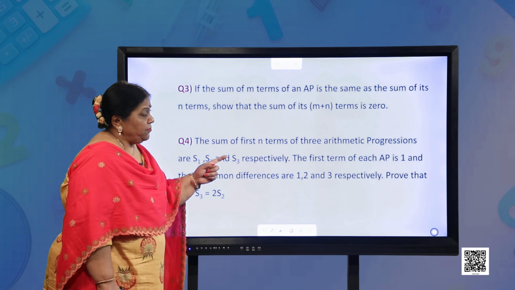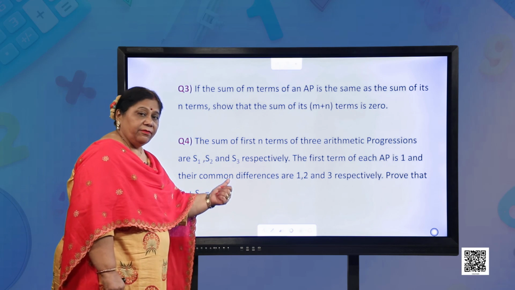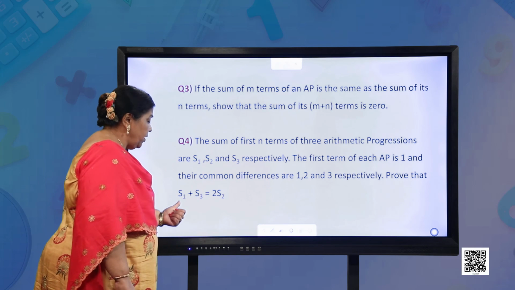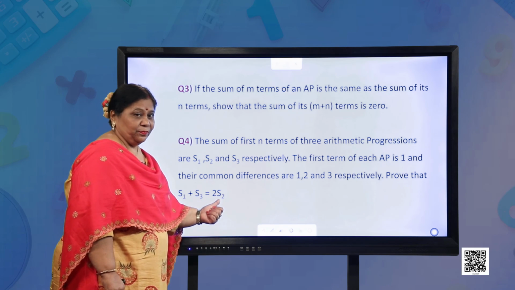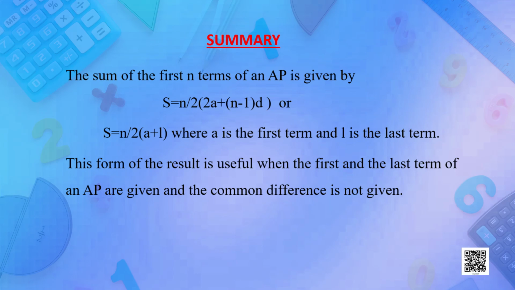The first term of each AP is 1 and their common differences are 1, 2 and 3 respectively. Prove that S1 plus S3 is equal to 2 times S2.